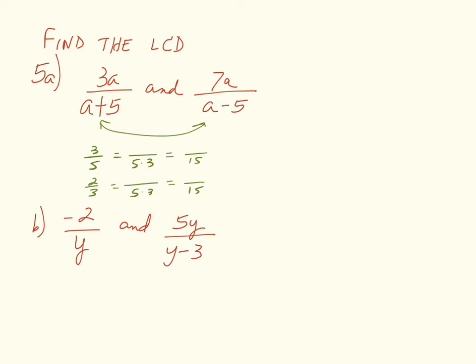Same thing with this other one at the top here. 3a over a plus 5 and 7a over a minus 5. The LCD has to contain an a plus 5 in parentheses times an a minus 5 in parentheses.